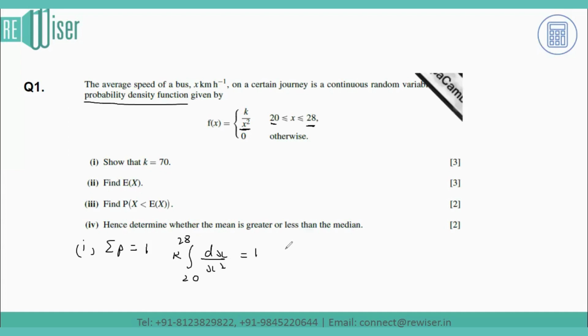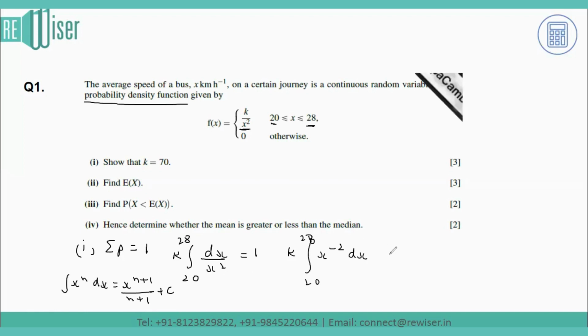So if I integrate using the formula, we'll get k outside, and that can be written as x to the power minus 2 dx, ranging from 20 to 28. Applying the power rule of integration, which states that the integral of x to the power n dx equals x to the power n plus 1 by n plus 1 plus the integral constant c.